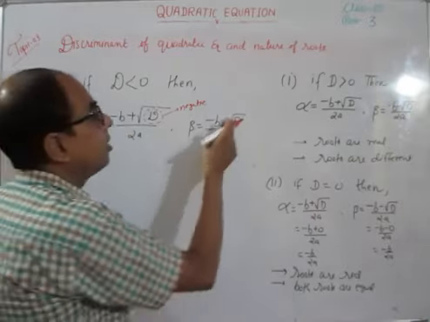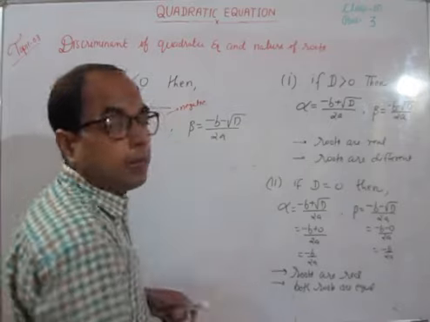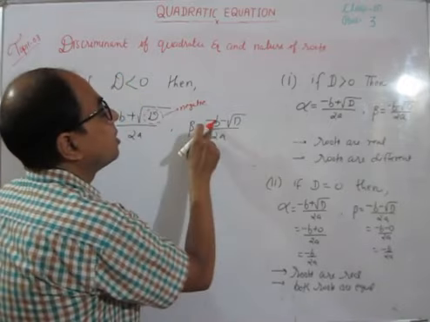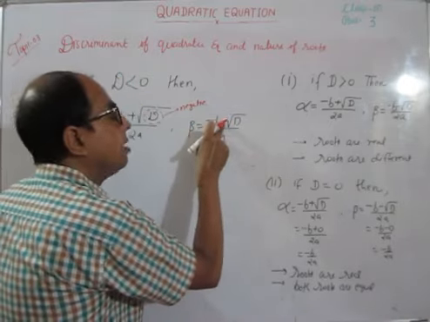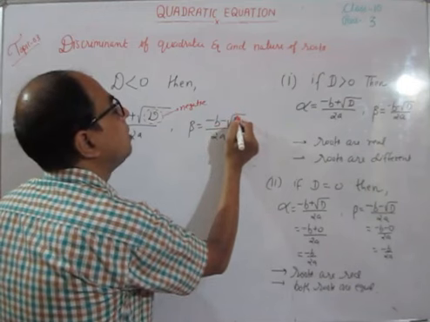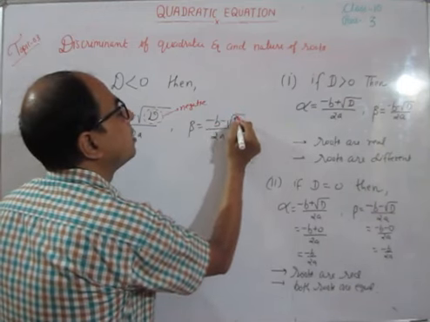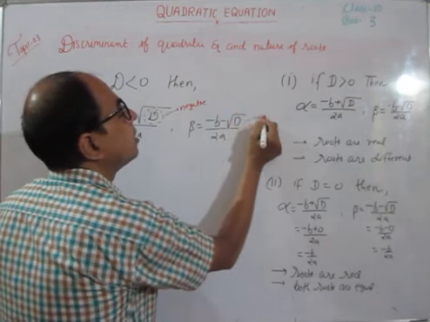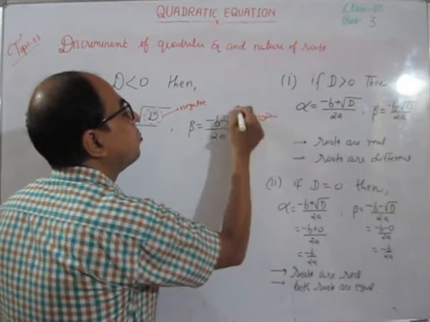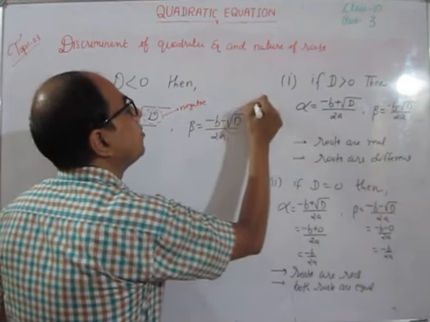And similarly, beta will also be an imaginary number. Why? Because minus b is a real number, minus, and d is negative, so this whole number will be what? Imaginary number.